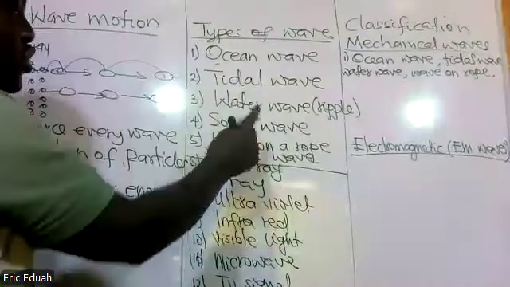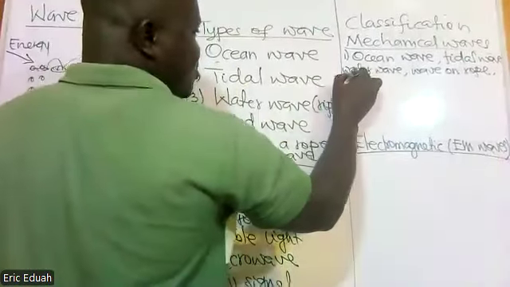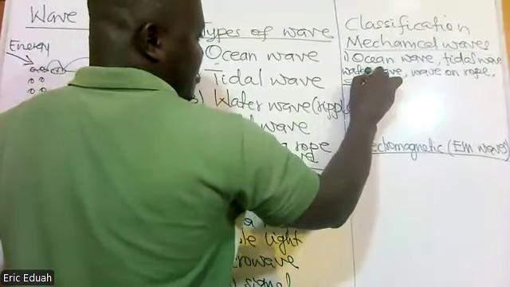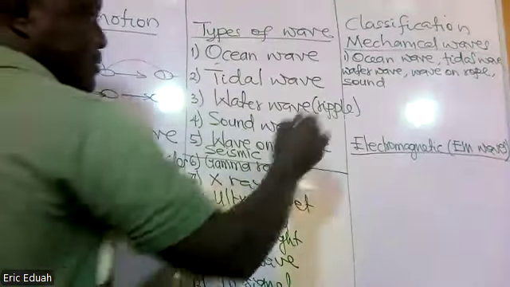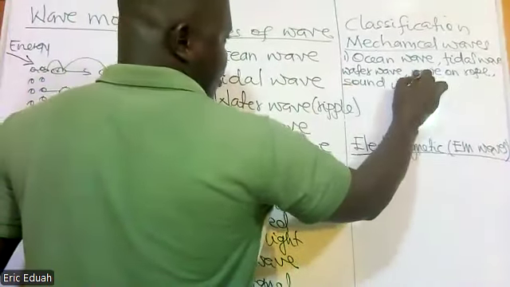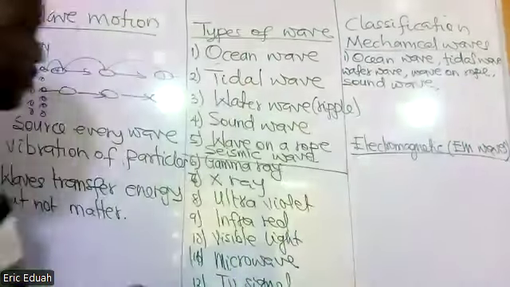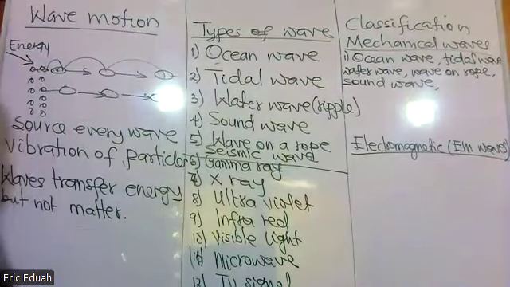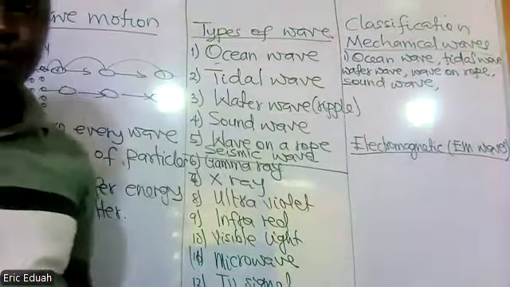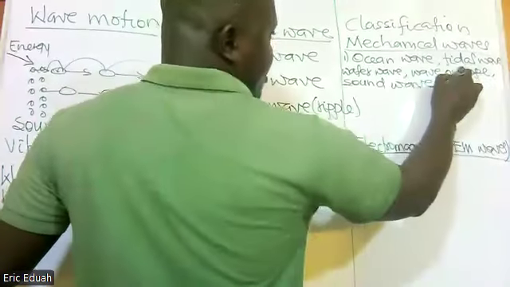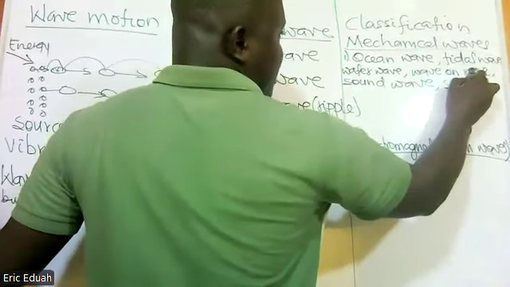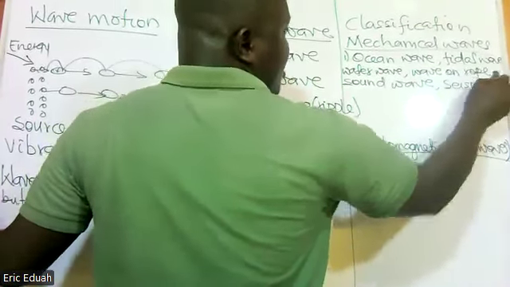Then we'll also put here sound wave, because if there is no air, sound cannot be propagated. Then we'll also put under this classification earthquake, seismic wave. Seismic, because if there is no medium, where will be earthquake?